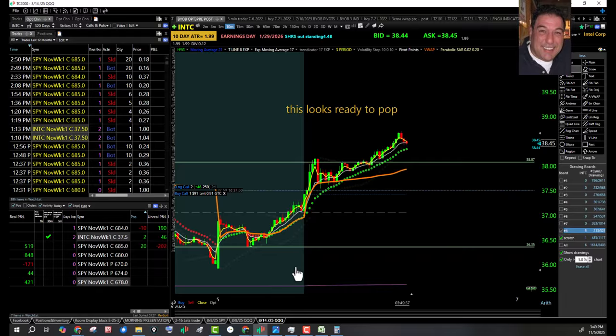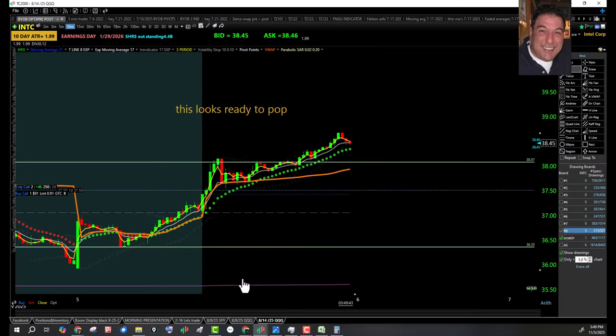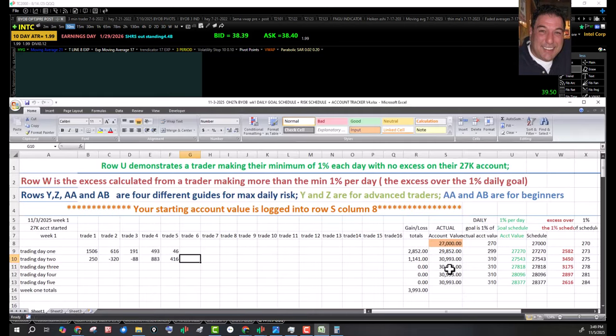Remember, my goal is 1%. When you make 1% compounded daily, after 70 days of trading, if you don't have any losing days, you can double your account. But let's say you do 2% or 3%, you're going to get there much faster.